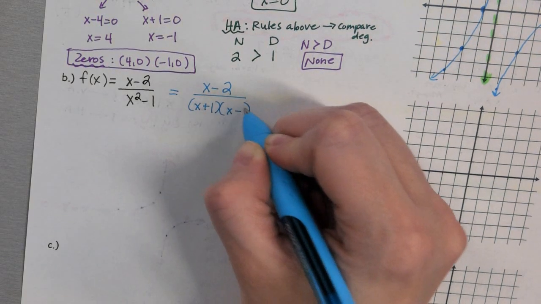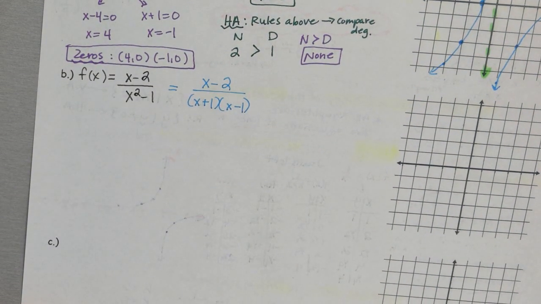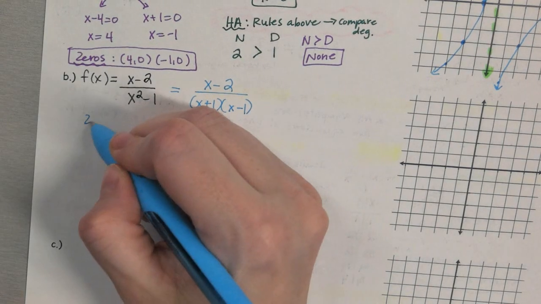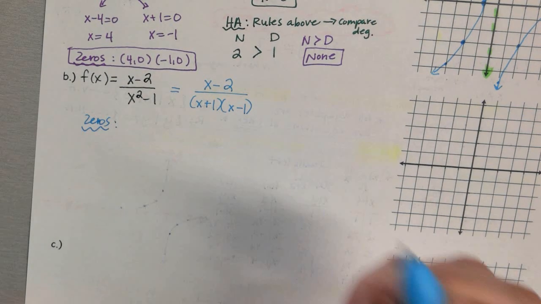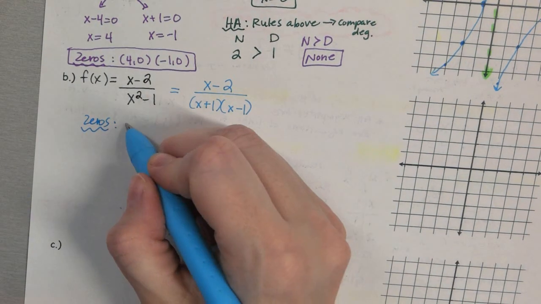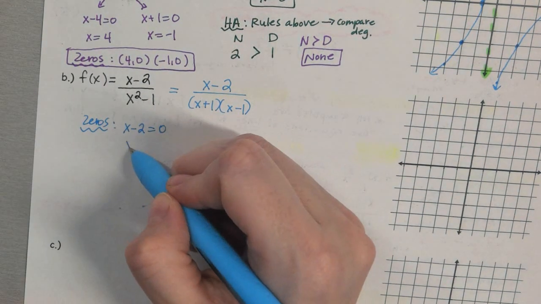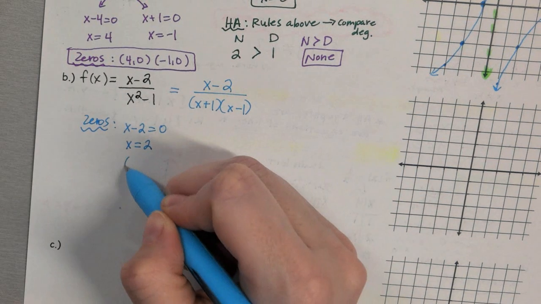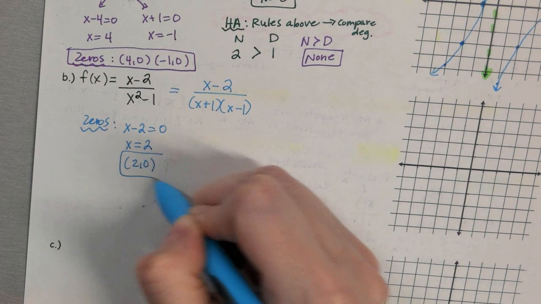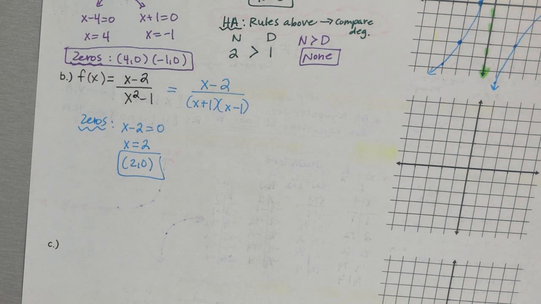So you have x plus 1, x minus 1. From there, just go right to finding your zeros. So remember, zeros, you set the numerator equal and solve. So if you set x minus 2 equal to 0 and solve, you'll get x equals 2. So then this is going to be your point that you're going to graph.